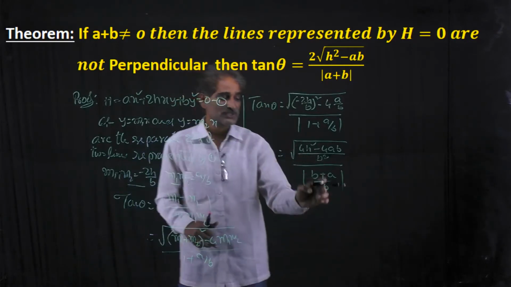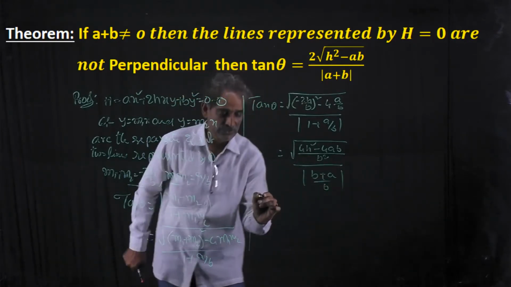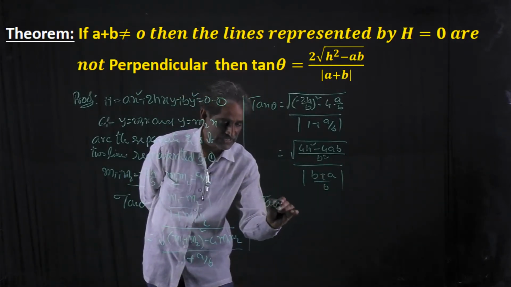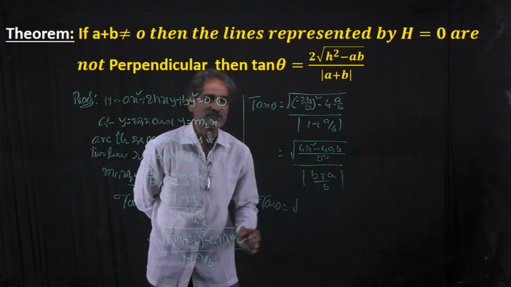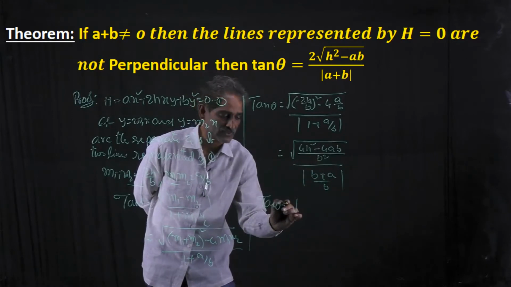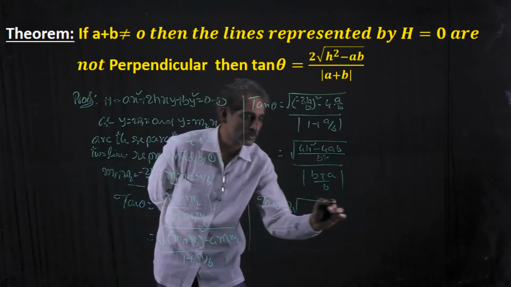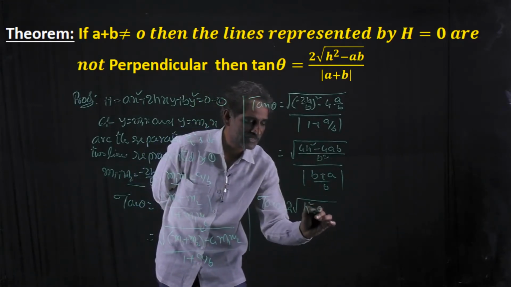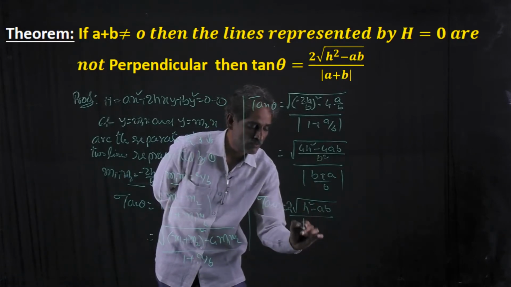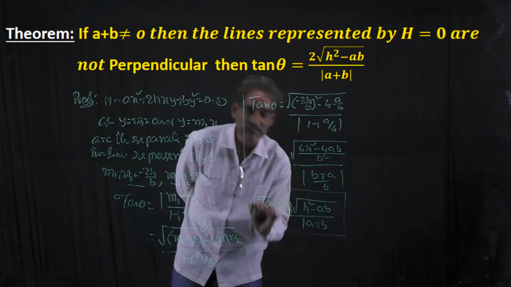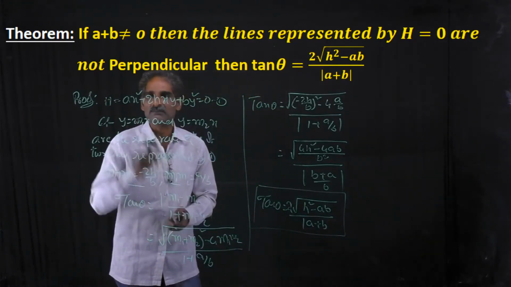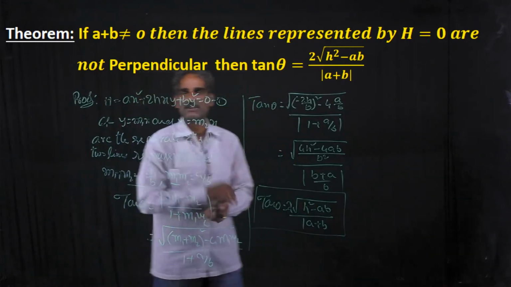Here root of b square and b get cancelled. So 4h square minus 4ab is there; we can write 2 into root of h square minus ab by modulus of a plus b. This is the formula for tan theta.